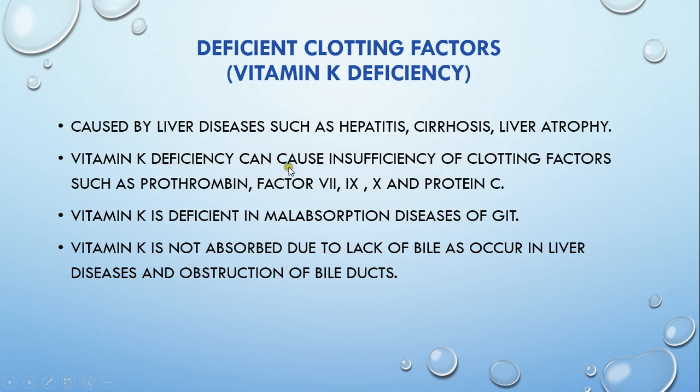If it is deficient, it causes the insufficiency of the clotting factors which are vitamin K dependent, such as prothrombin, factor 7, 9, 10, and protein C. Vitamin K is deficient in malabsorption diseases of the GIT, or it may not be absorbed due to the lack of bile, as occurs in chronic liver disease or obstruction of the bile ducts.